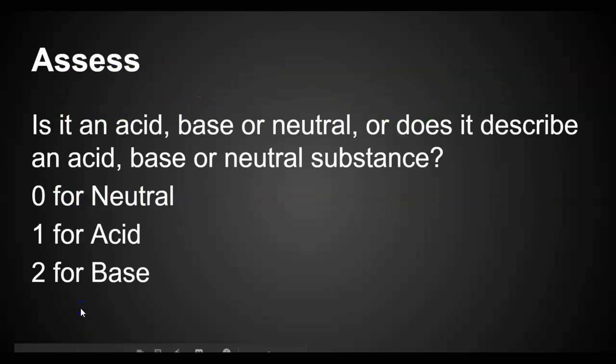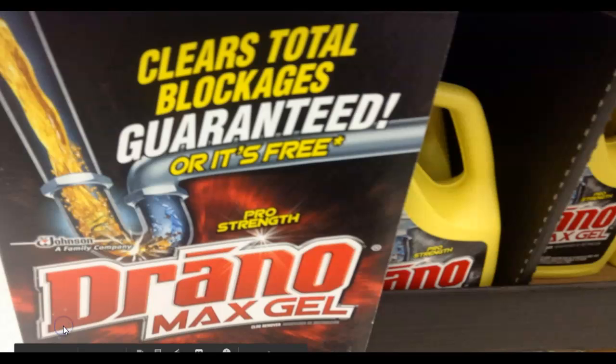All right, is it an acid, base, or neutral, or does it describe an acid, base, or neutral substance? 0 for neutral, 1 for acid, 2 for base. Drano. Well, Drano has lye in it, and it is a very strong base.